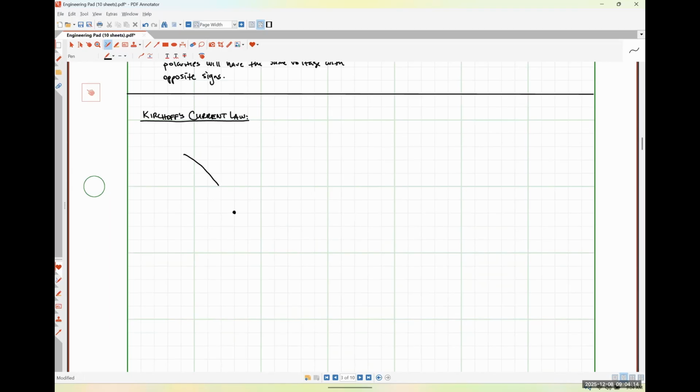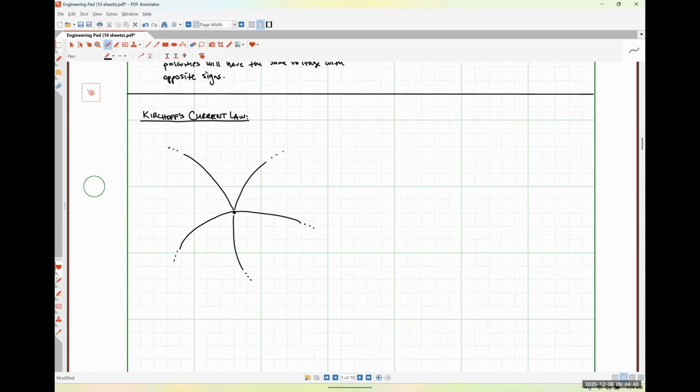And then as part of some larger circuit, I'm going to have some wires like so, and I'm going to assign currents to each of these sections of wires. I'm just going to be lazy and have some of them pointed in and some pointed out.